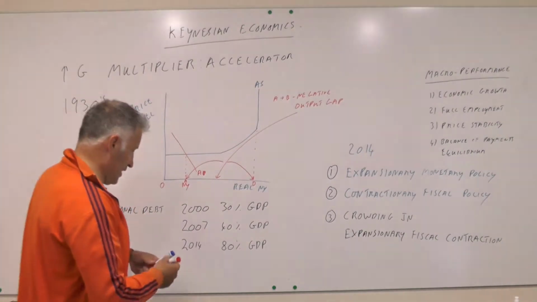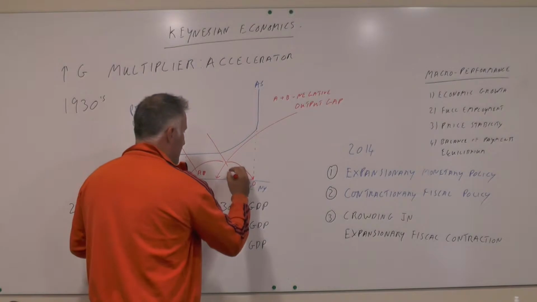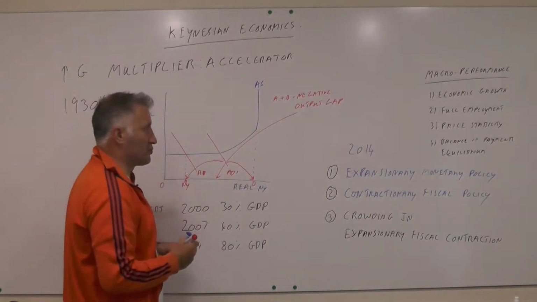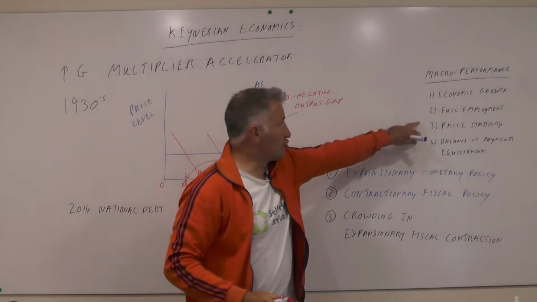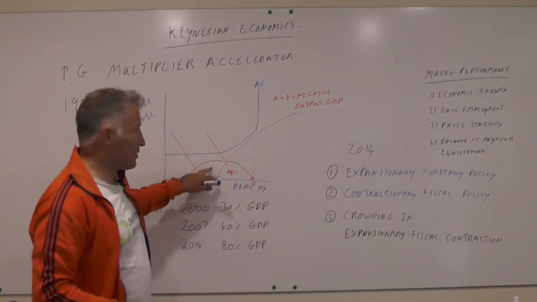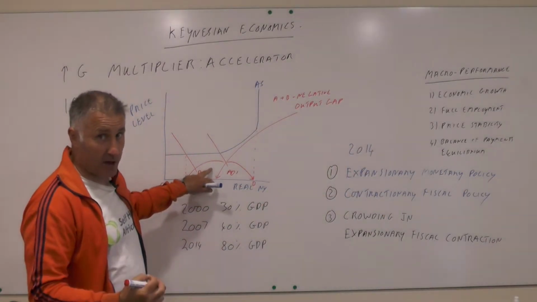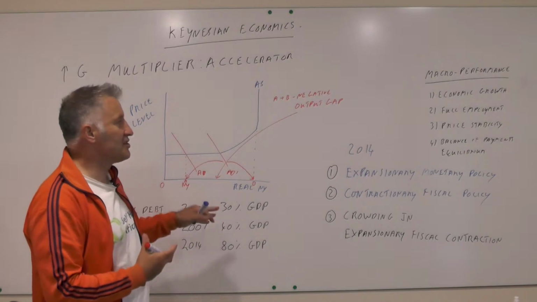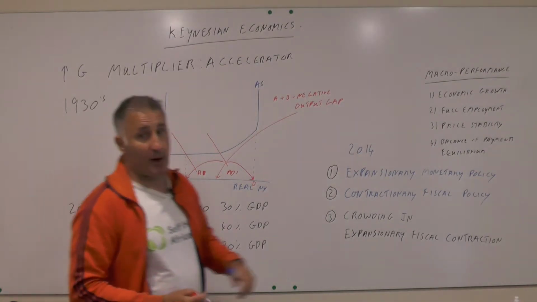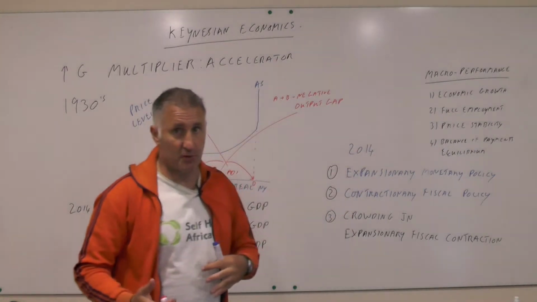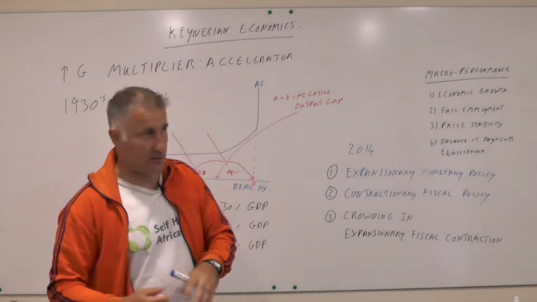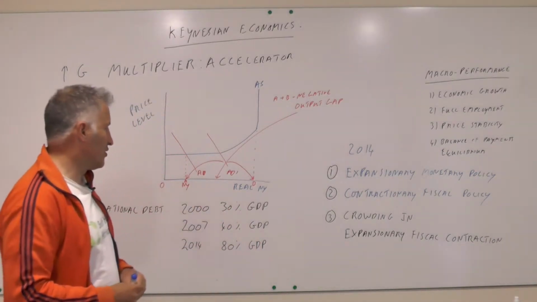So hopefully AD will increase to there, say, and that's really good, because we're going to get more growth, more jobs. We're going to have price stability because there's a large negative output gap, and because we believe in the Keynesian AS curve. The balance of payments will probably get worse because we'll import more goods, but at least we've got growth and therefore more investment, and the economy is doing better.